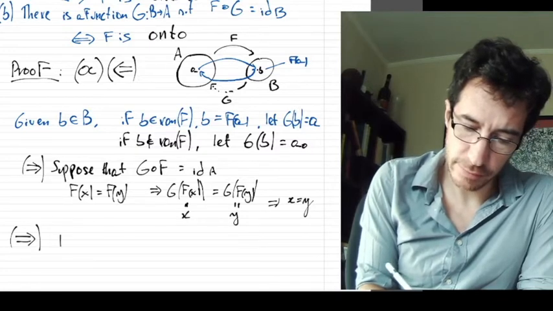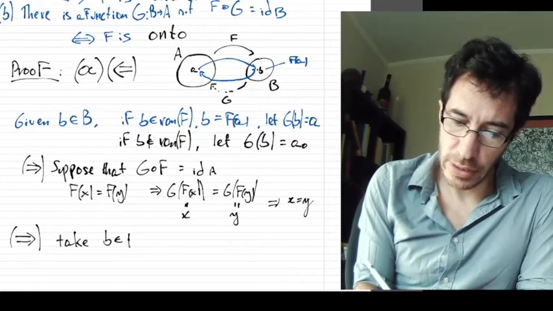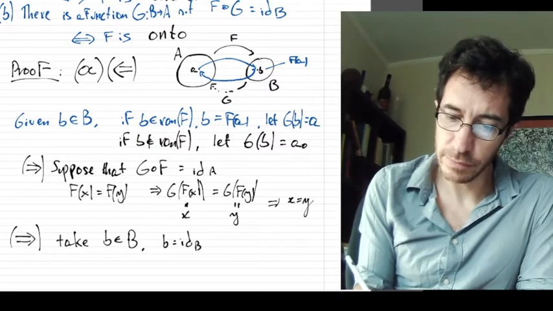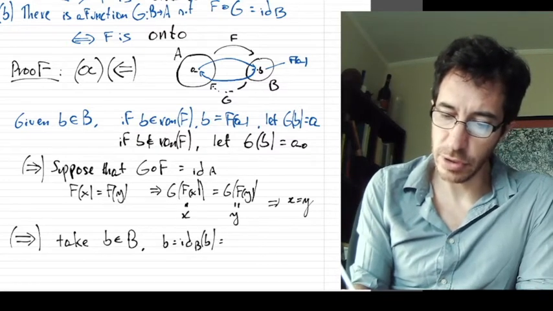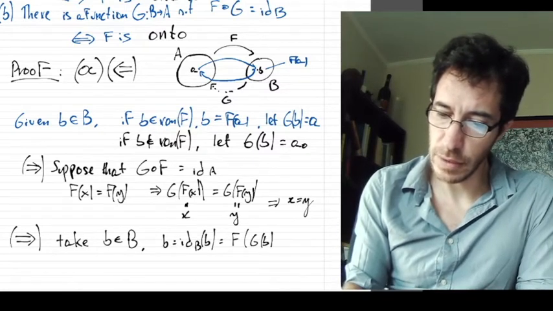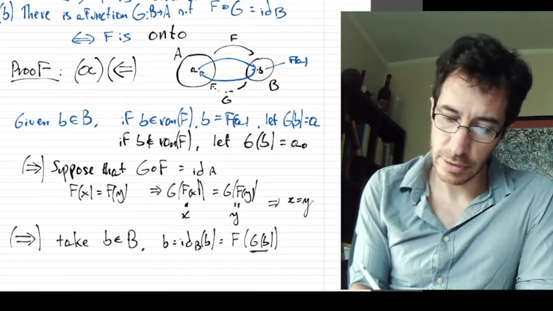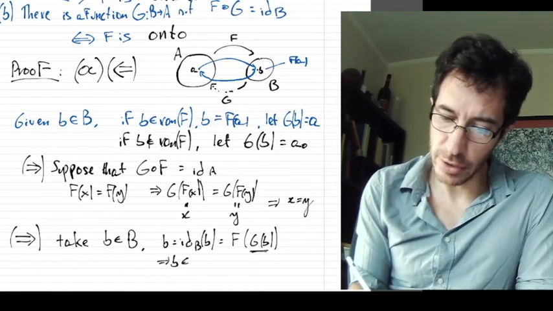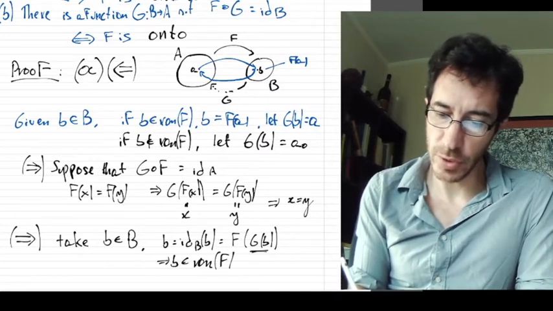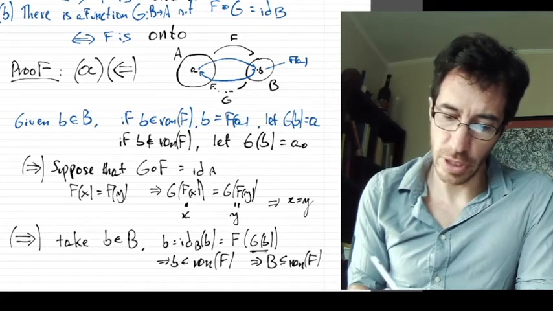If you take any B that belongs to B, we know that the identity on B of B is equal, by our assumption, to F applied to G of B. So that means B belongs to the range of F because it's the image of G of B. So everything in B is in the range of F. So F is onto.